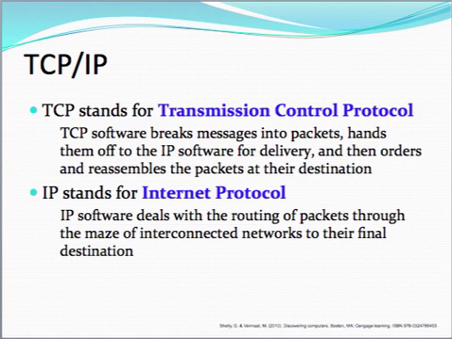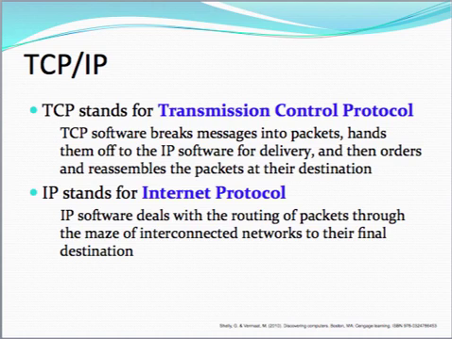TCP software breaks messages into packets, hands them off to the IP software for delivery, and then orders and reassembles the packets at their destination. IP stands for Internet Protocol. IP software deals with the routing of packets through the maze of interconnected networks to their final destination.